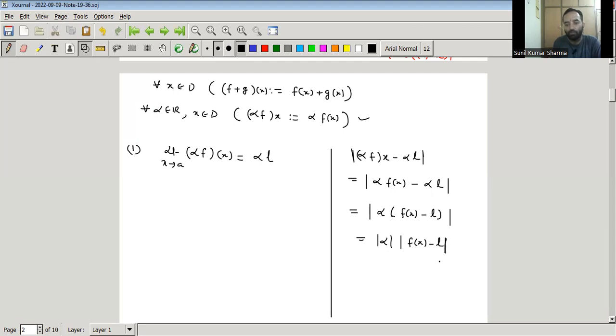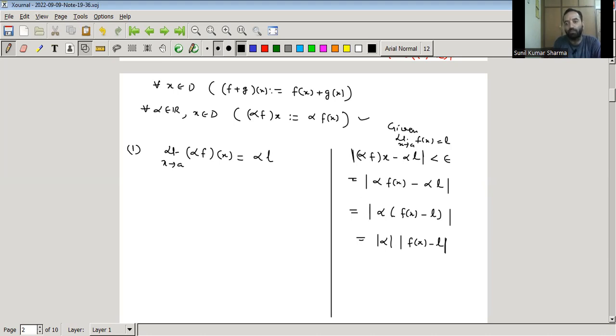Now it is given that limit x goes to a, fx is equal to L. It is already given. So now we have to estimate this. We have to choose mod fx minus L in such a way that we are trying to find that this is less than epsilon.